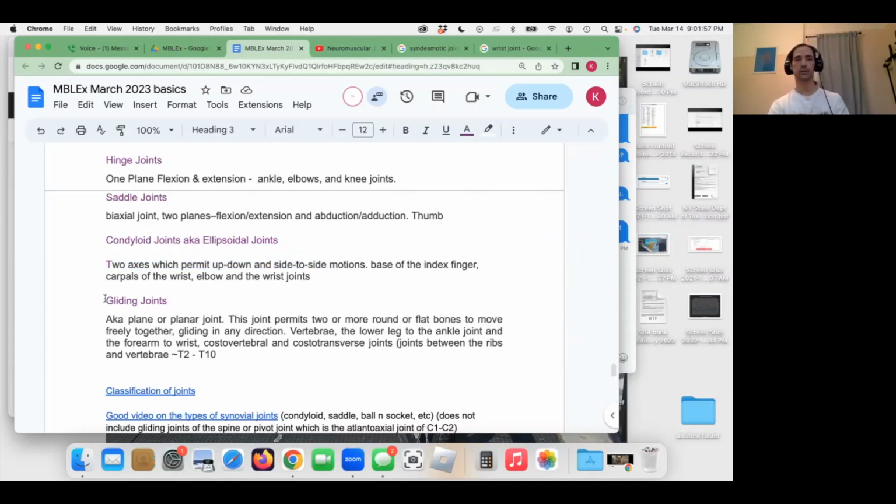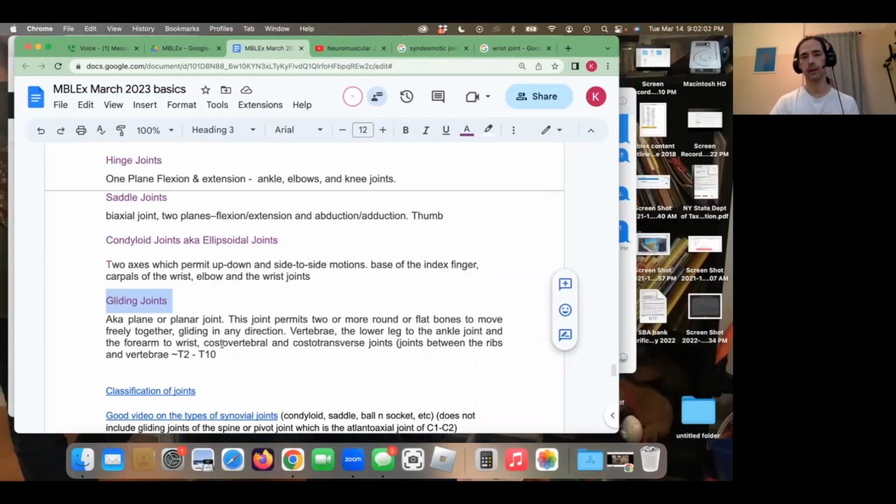All right, gliding joints. This one was a little confusing for me at first, but you just have to remember that the vertebrae are gliding joints. Also, there's the joint between the forearm and the wrist.